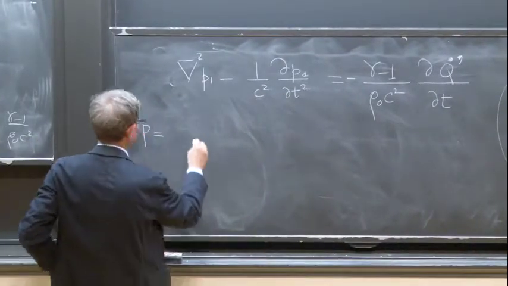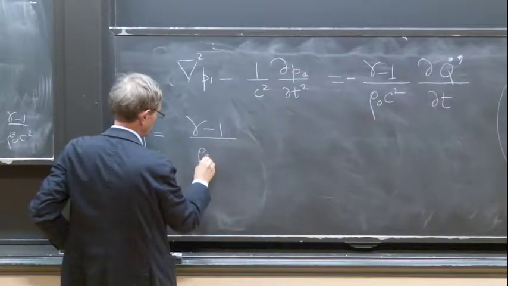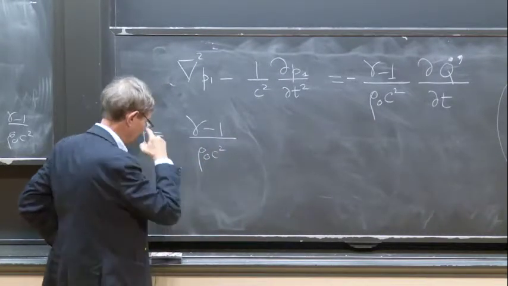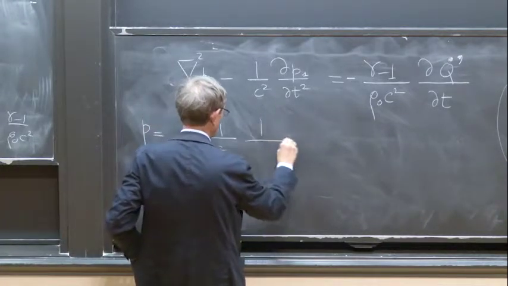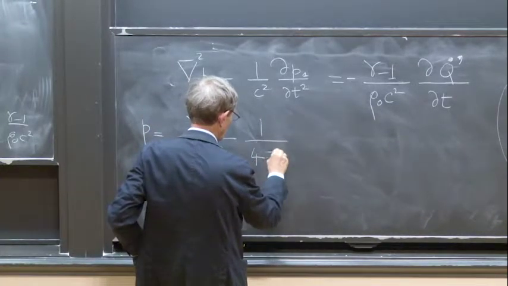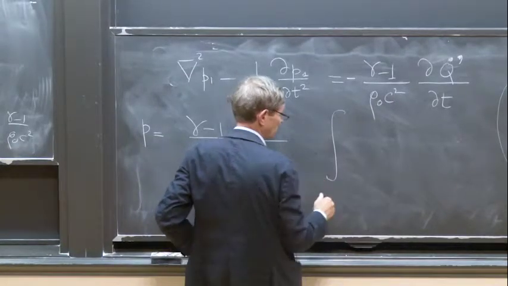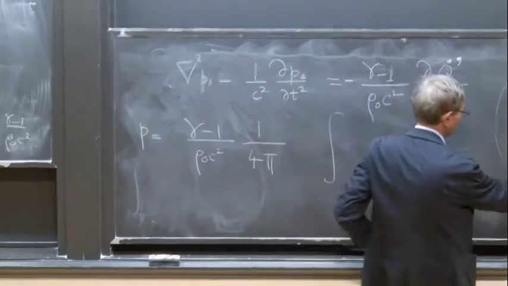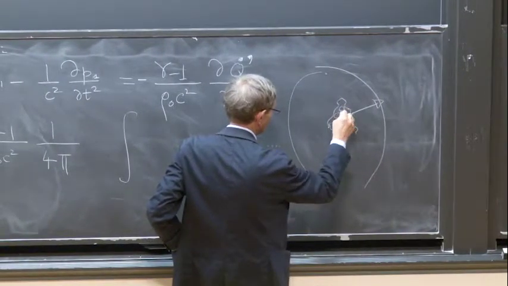It's gamma minus 1. So we have this term. Rho 0 c squared is a constant, so we can keep it outside. There is 1 over 4 pi coming in here. There is an integral over all the source terms, the fluctuations that take place inside this volume are here.